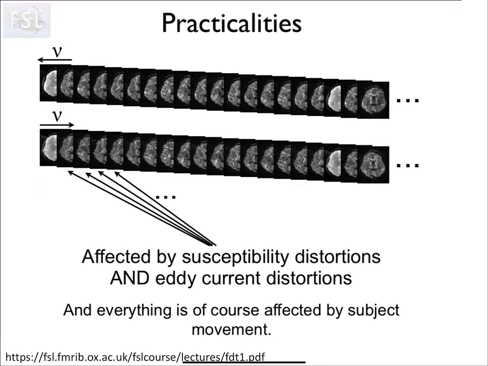But for these higher B values, a lot of that stuff gets killed. So it's probably not as much of an issue. Yeah, but if you're doing anything with like B equals 50, then there's still a lot of signal left that is affected by these physiological fluctuations. So essentially, diffusion is sensitive to motion, right? But it's not just sensitive to diffusion motion, it's sensitive to any sort of motion.